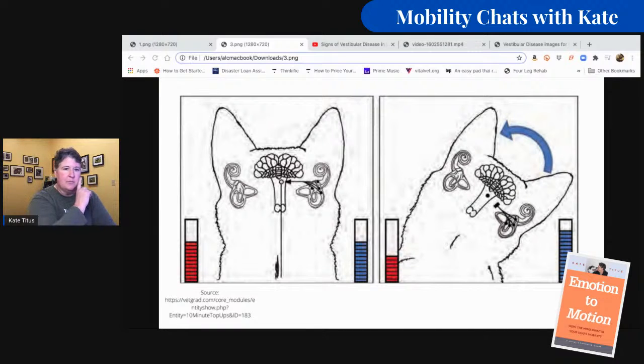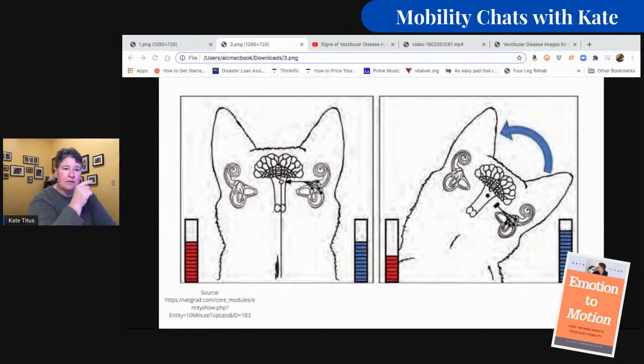So as I move my head this way to the left, my left inner ear is saying, okay, we're moving this way because square is here, right? So it's telling you, and the eyes are moving with me. So the eye movement and direction of the head movement will be that fast jerk that we talked about. So that picture and then move fast toward the side with the higher input.